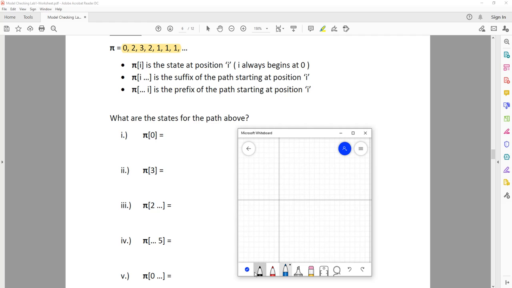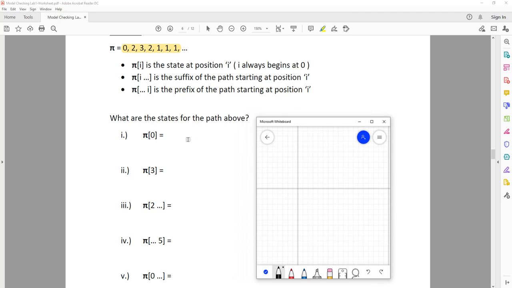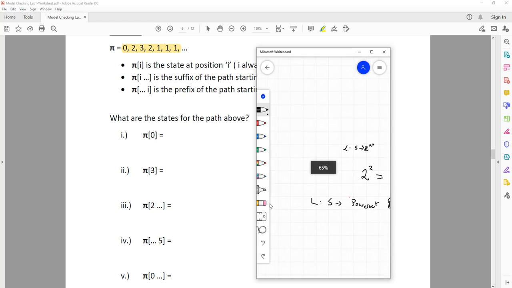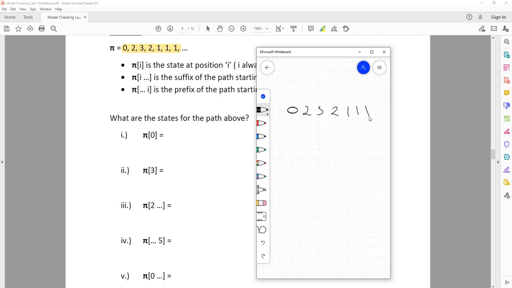I'll expand this up. First section, pi of 0 is on our path 0, 2, 3, 2, 1, 1, 1, dot dot dot. That goes on forever. That just means it's infinite when you have a dot dot dot at the end. It's going to be stuck in 1 forever.